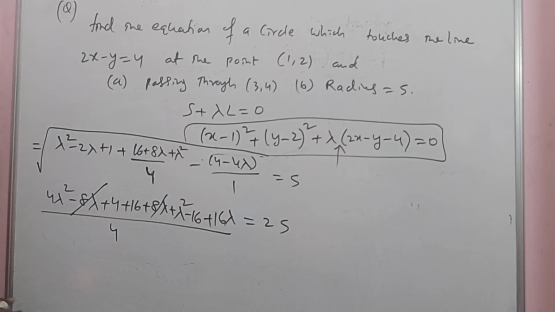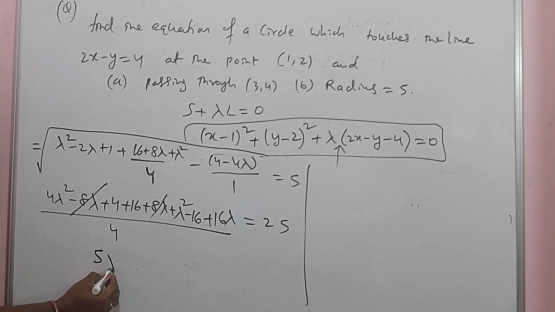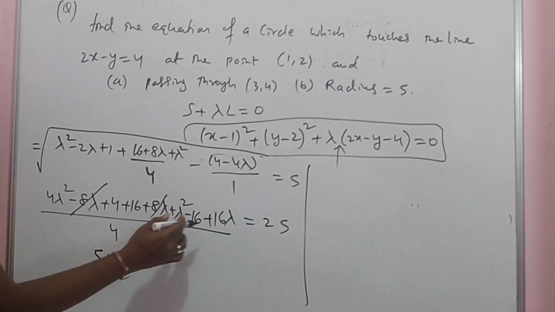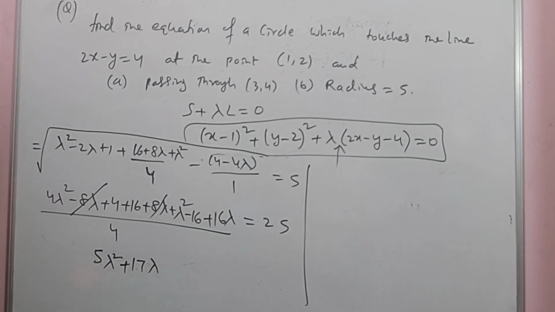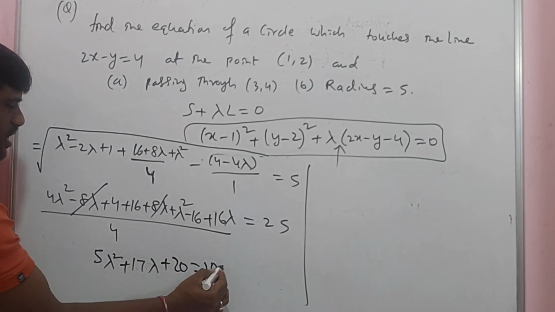Okay, anything else? No. So therefore I can write 4 lambda square plus lambda square is 5 lambda square, and lambda, what are the lambda terms? 1 lambda and 16, that is 17 lambda here, and therefore after this I am going to get here 16 plus 4, it's 20, right? 20 is equal to 25 into 4, that is 100.